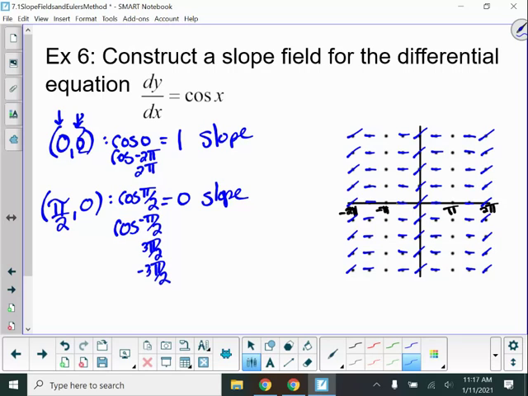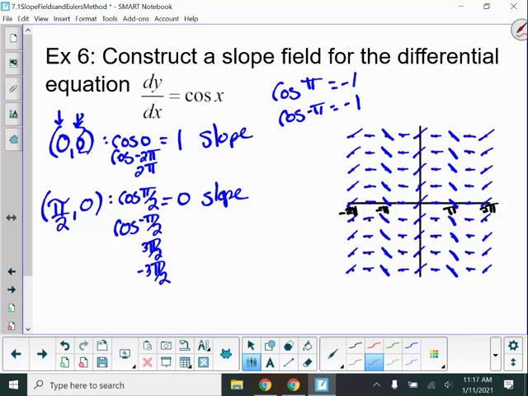And then the other ones that I didn't do yet, the cosine of pi and the cosine of negative pi, those are both equal to negative 1. So those ones are going to be going down. And you can see what we've just done here is we've drawn in a representation of where all of those possible family of functions could exist without actually graphing the correct solution.